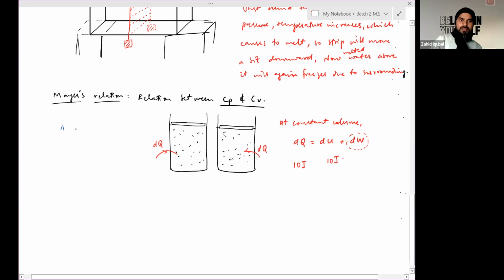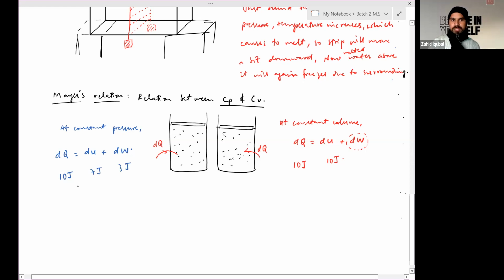suppose at constant pressure, if you supply dq, it will convert into du plus dw both. So in this part, if you have supplied 10 joule to this particular system, some of energy will convert into internal energy and some in terms of work done.